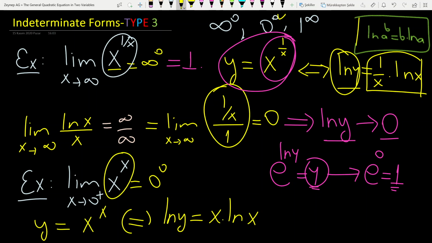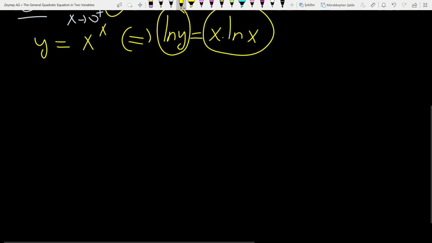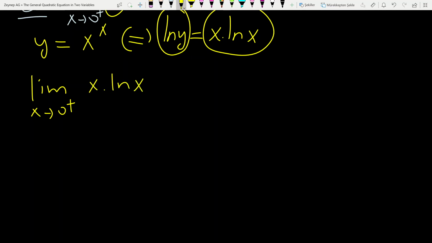Instead of looking at the limit of the left hand side, we are looking at the limit of the right hand side. Limit as x tends to 0 from the right of x times ln x. When x tends to 0, it is 0.